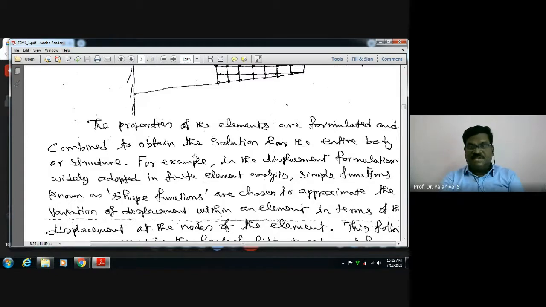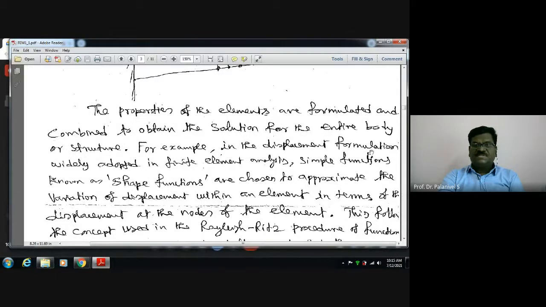The properties of the elements are formulated. I will tell you what is meant by properties of the elements are formulated and combined. They are combined to obtain the solution for the entire body or structure, right? For example, in the displacement formulation, several properties of the elements are formulated. I told you, one such formulation is a displacement formulation, displacement of field variable.